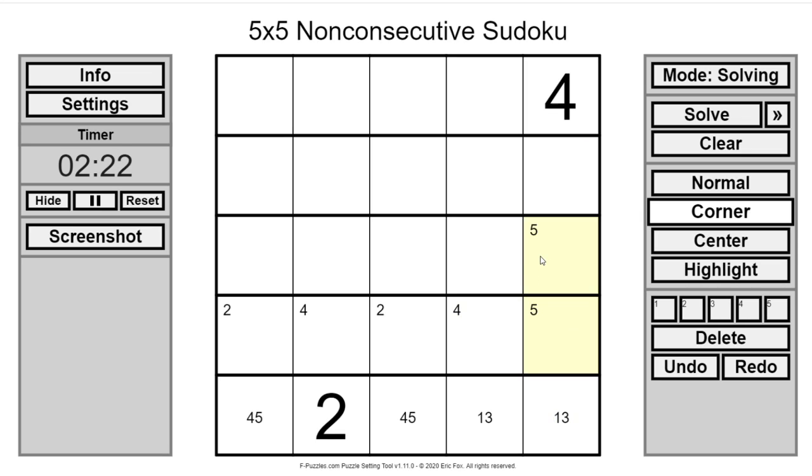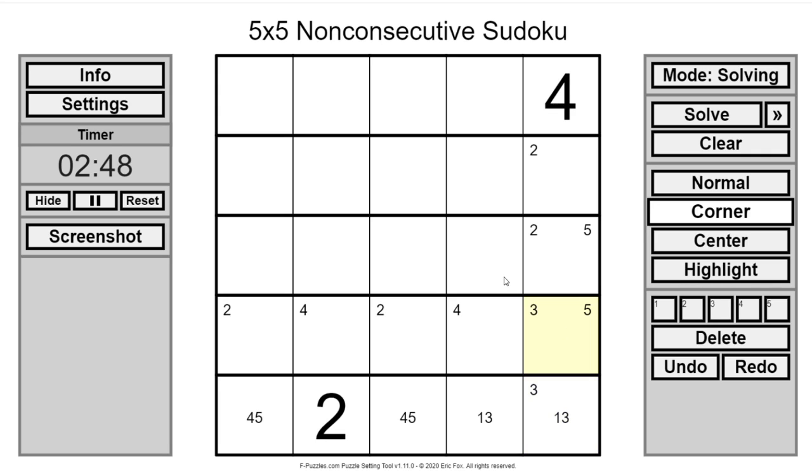So 5 is in one of those spots. This can't be a 2, so one of these is a 2. Which means that now neither of these spaces can be 3.